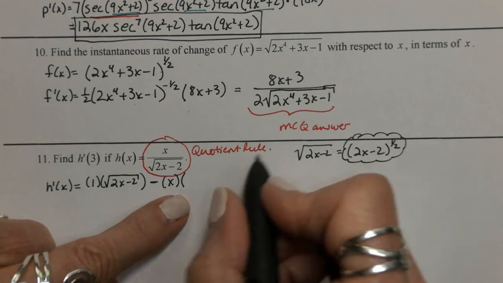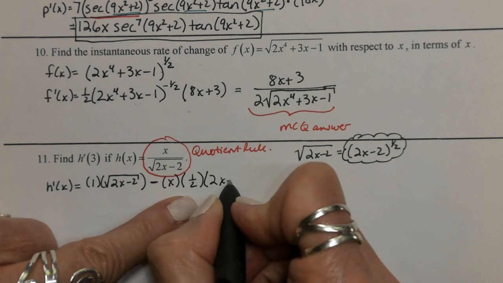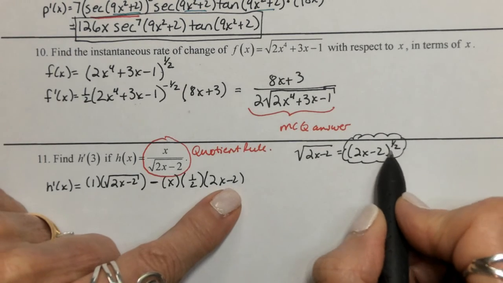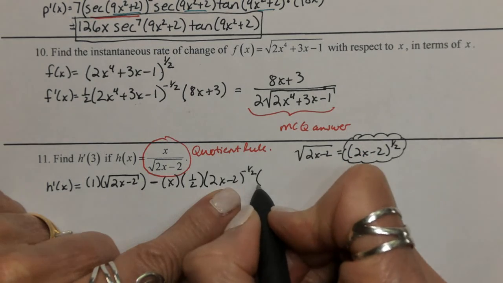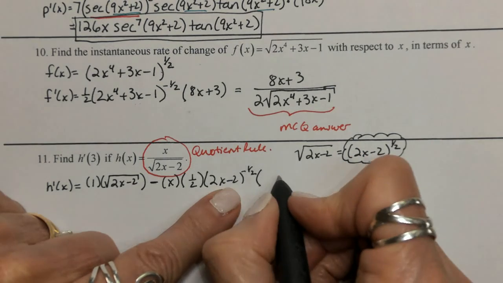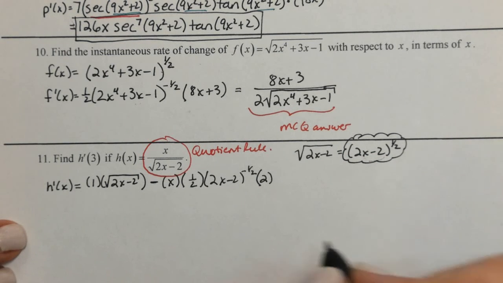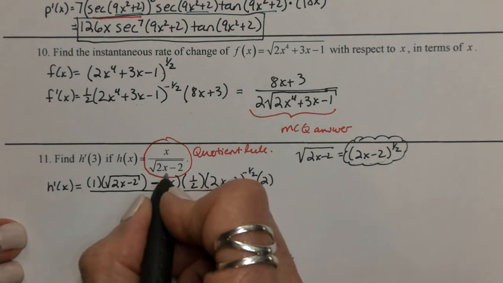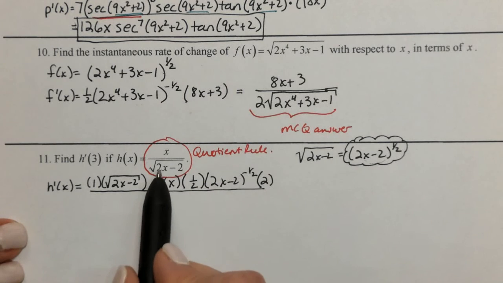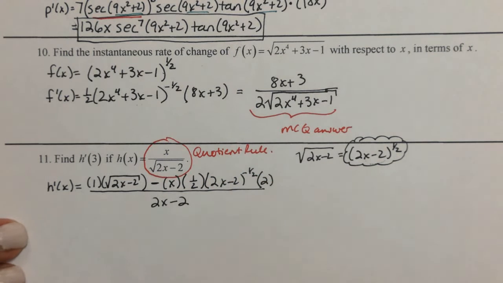So 1/2 times the front will be 1/2 times the 2x minus 2 to the, decrease your power by 1, negative 1/2, times the derivative of the inside, 2. So chain rule on that. Now, back to the quotient rule. This is all divided by the bottom squared. Well, the square of the square root is just what's inside. So we just have 2x minus 2 for that part.